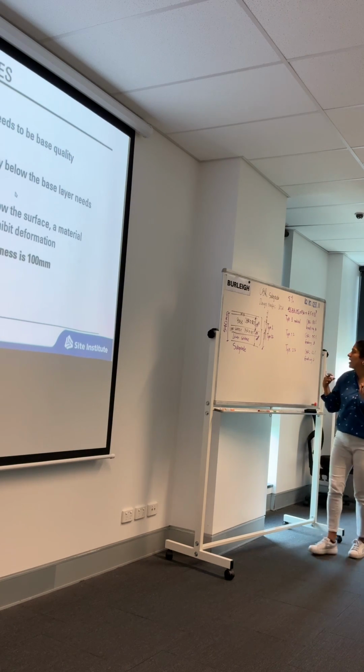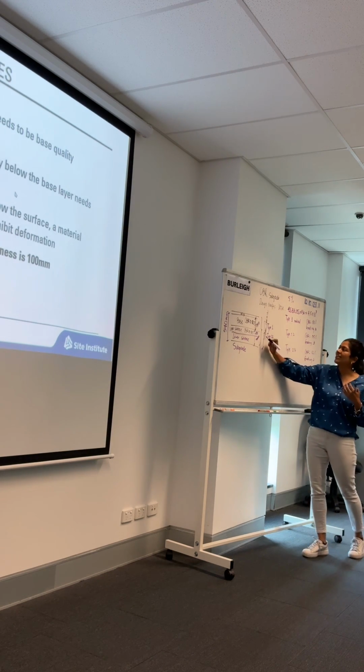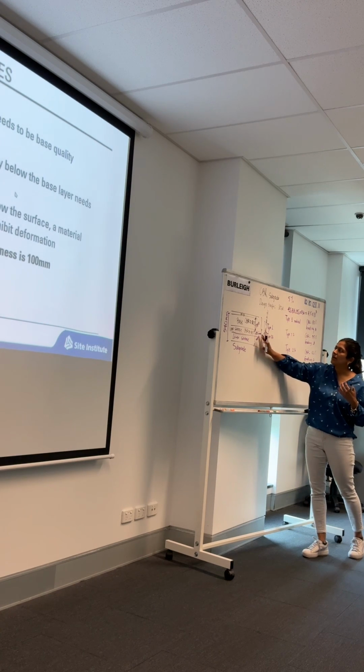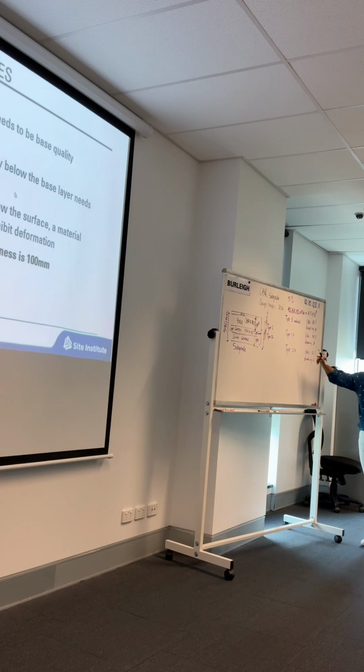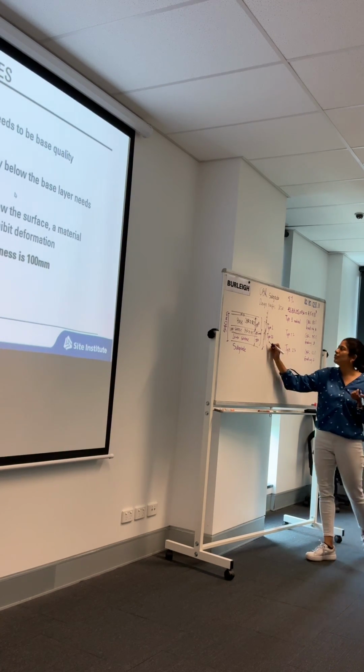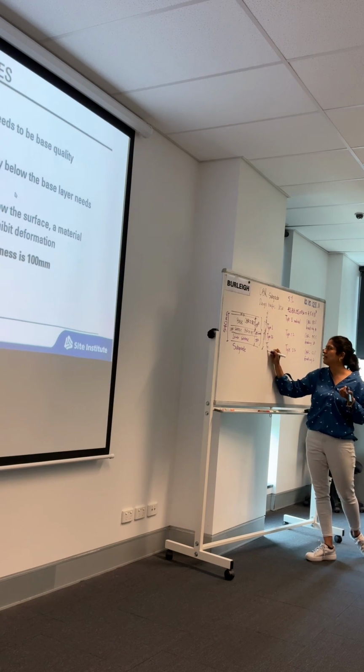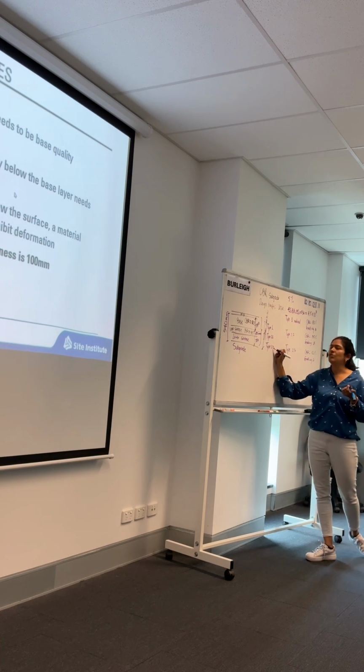So I will say that I'm going to use 70 millimeters of the type 2.2, and then I'm going to use 290 millimeters of the type 2.3.